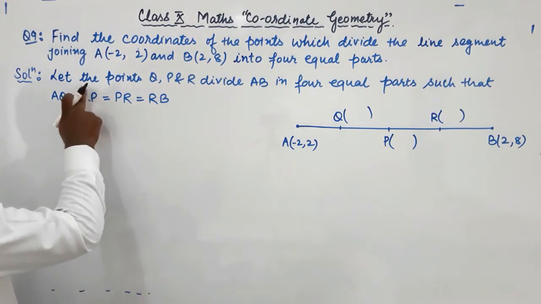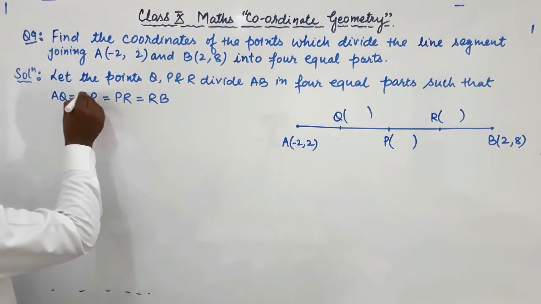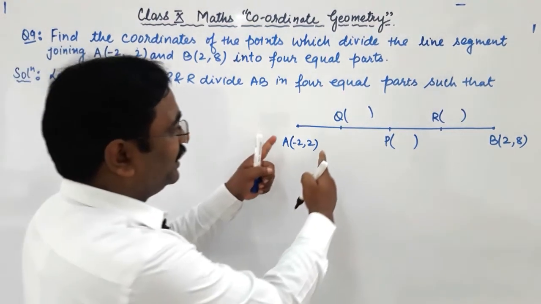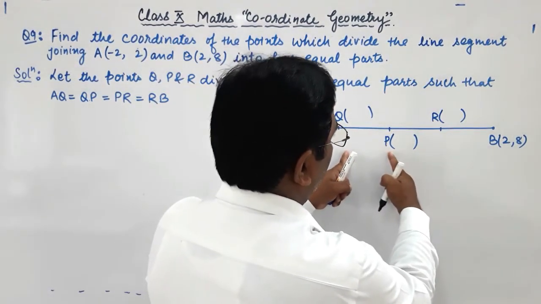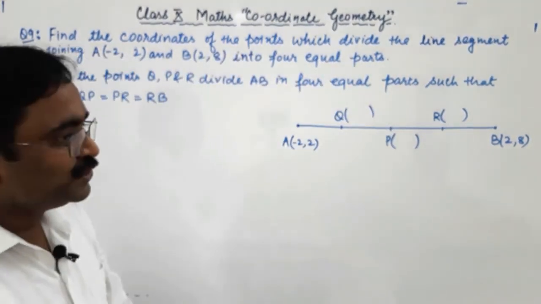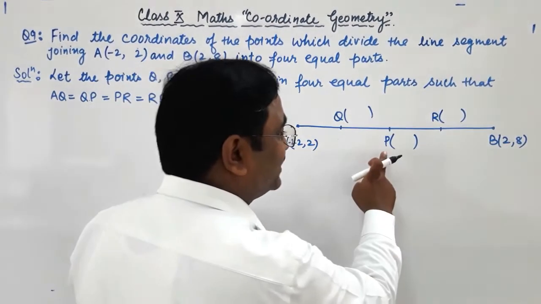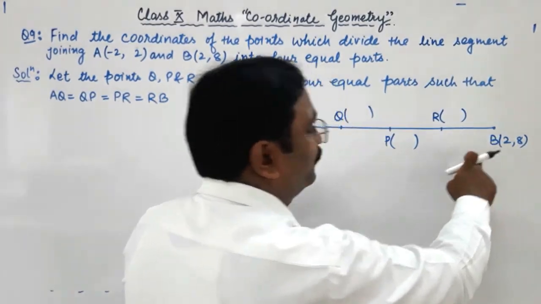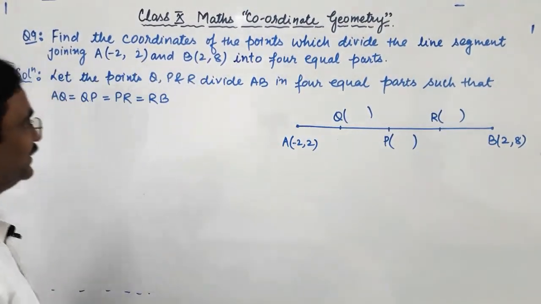Understood? AQ equals QP equals PR equals RB. So from the figure it is clear that this P is the midpoint of line segment AB.